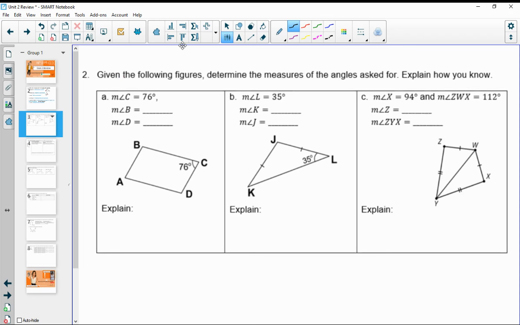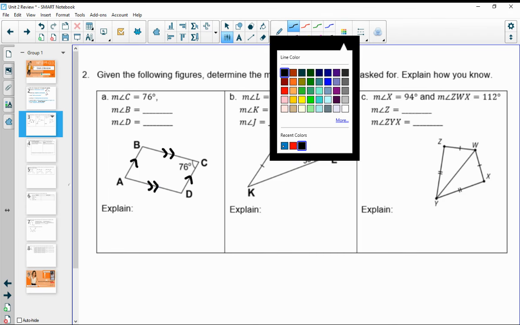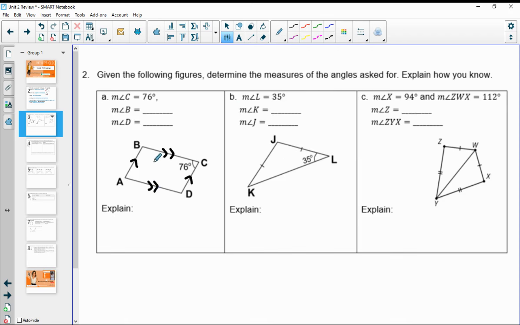In a parallelogram, the angles next to one another are going to be supplementary. So this angle here and this angle here, since we've got parallel lines, and if we think about rotating this up, it'd be next to it, and that's going to be 180 degrees.